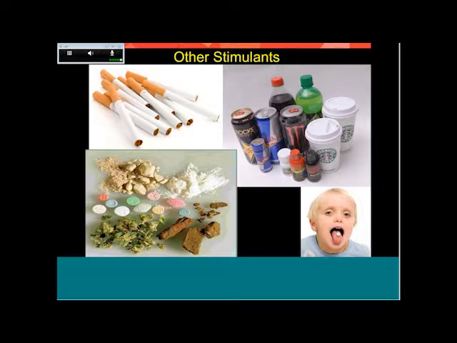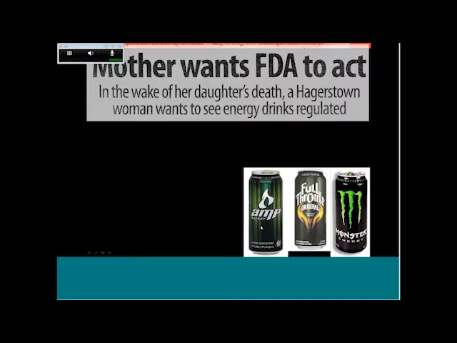So even things like caffeine, nicotine, and more potent stimulants can provoke arrhythmias. In a recent local newspaper article, a teen basically overdosed on one of the energy drinks and had an arrhythmic sudden death.